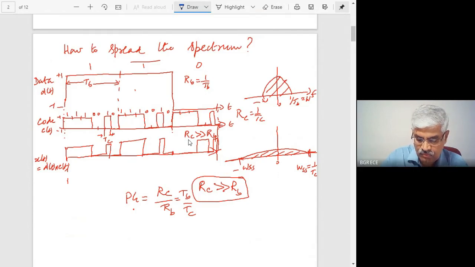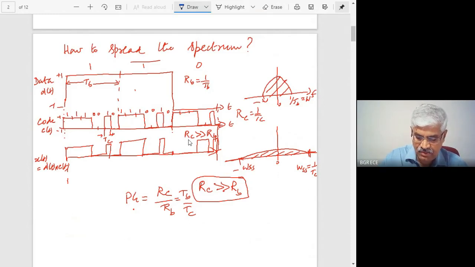If you pass it through an autocorrelator, the output of the autocorrelator will show a certain type of nature.